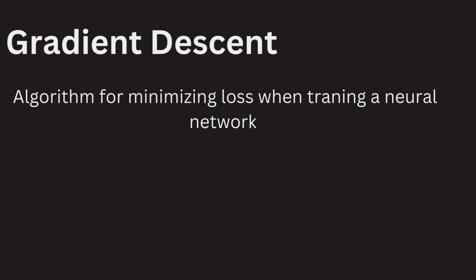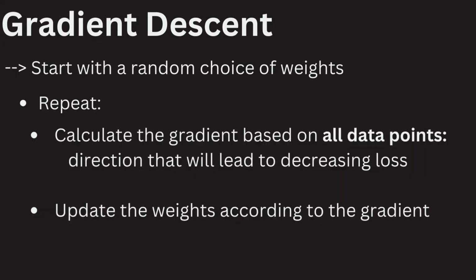You may know. Okay, so let's see how gradient descent works. Basically, gradient descent starts with a random choice of weights. Then it will calculate a gradient based on all the data points. It will try to find the lowest point by seeing all the data points and see which direction has the minimum loss, that will lead to decreasing loss.